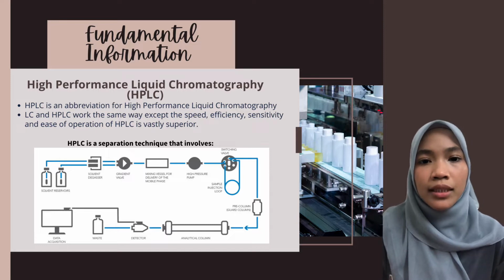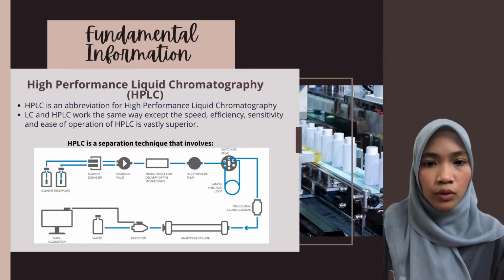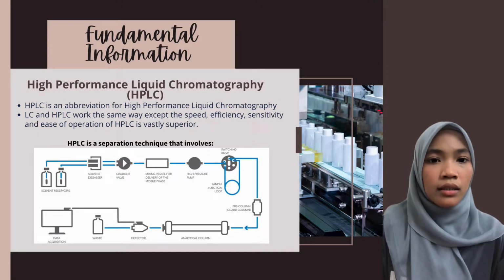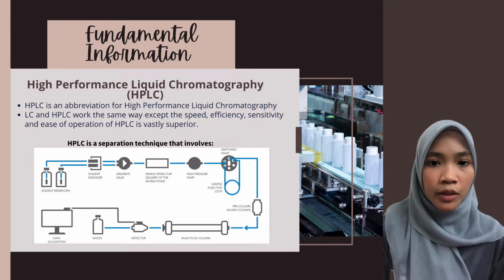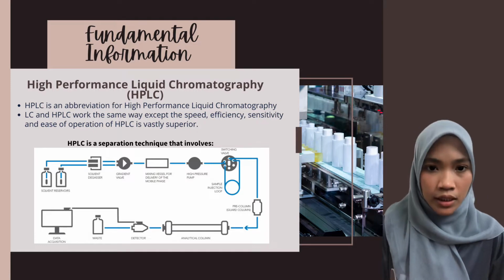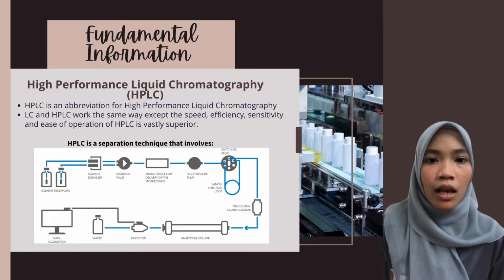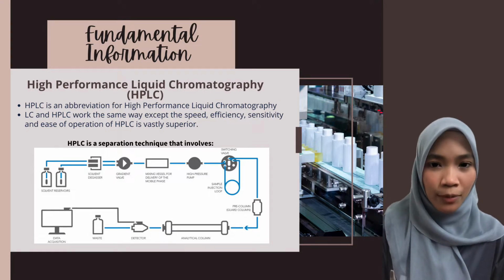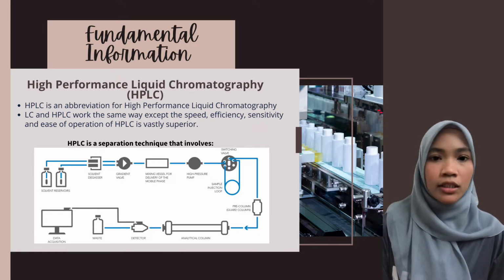The output from these detectors is called a liquid chromatogram. In principle, liquid chromatography and high-pressure liquid chromatography work the same way, except the speed, efficiency, sensitivity, and ease of operation of HPLC is vastly superior.